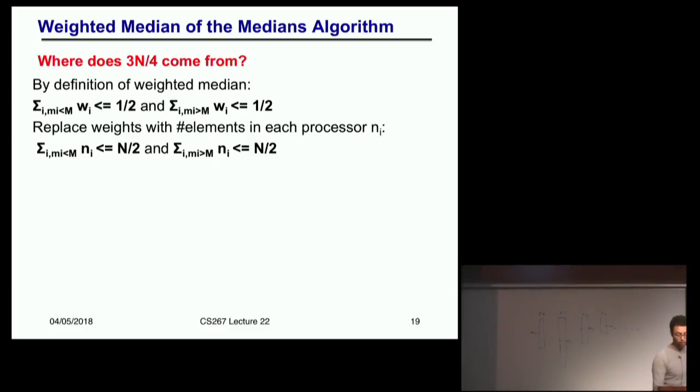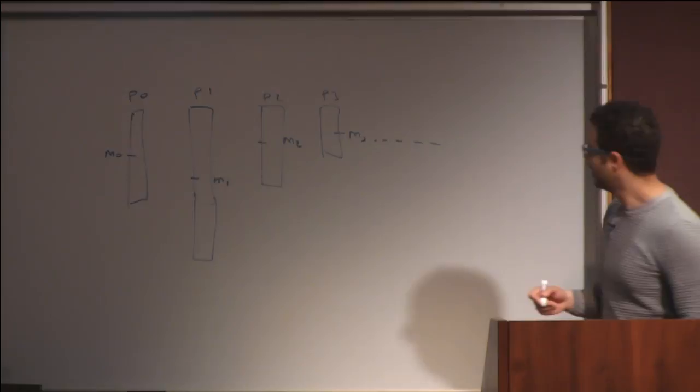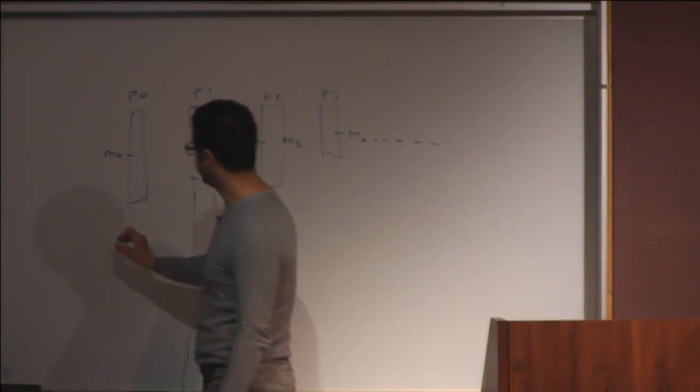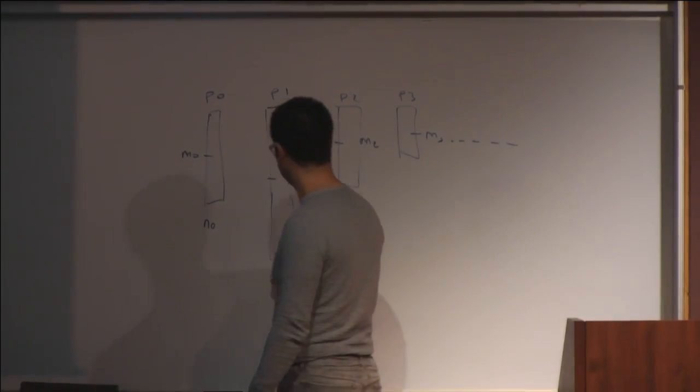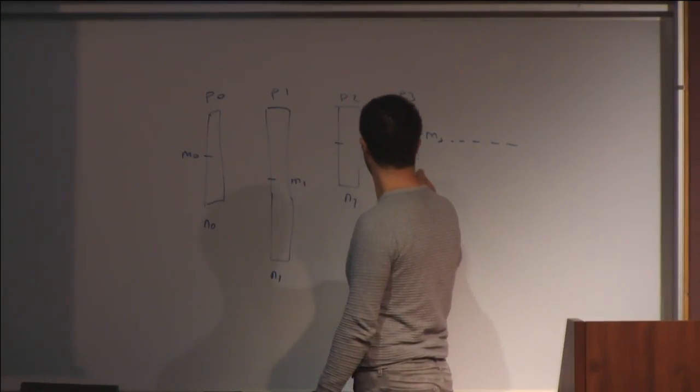So again, go back to the weighted median definition. The number of elements in each of these lists is: this one has N0 elements, this one has N1 elements, N2, N3.